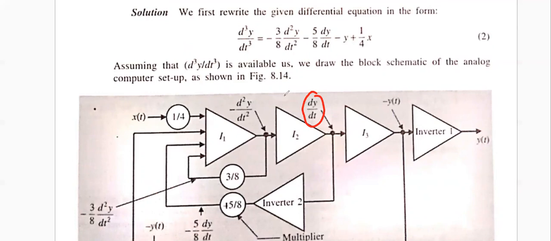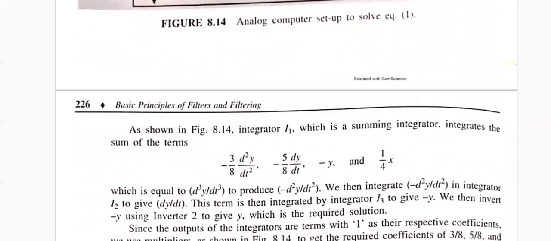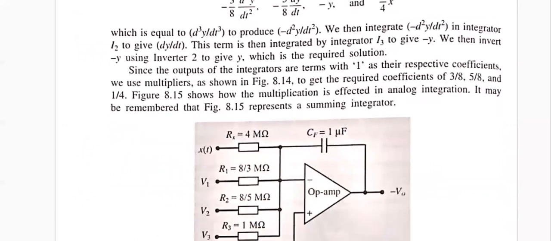Of course, the input is this one, because the integrator does the integration as well as changing the sign. So it integrates and inverts the sign of the output. So they are explaining this whole circuit. Please go through this.